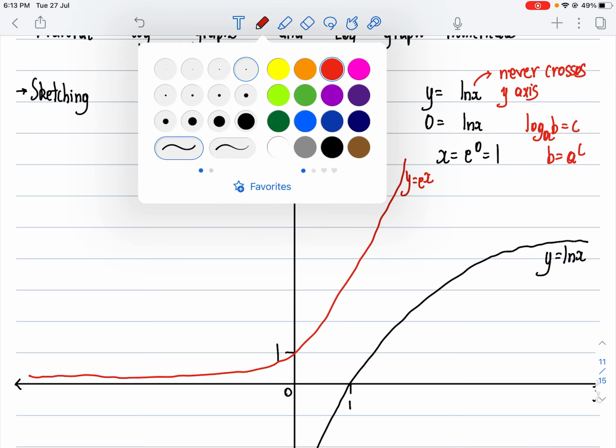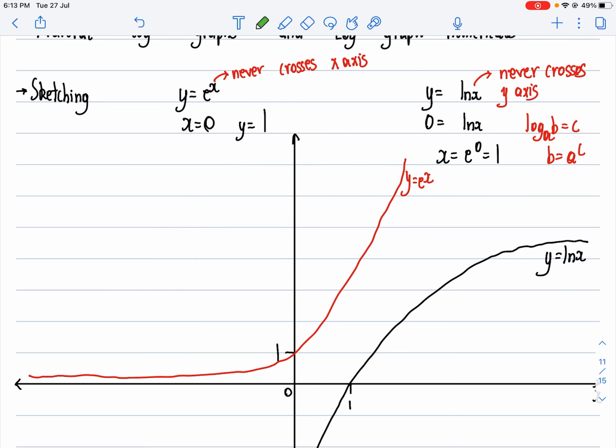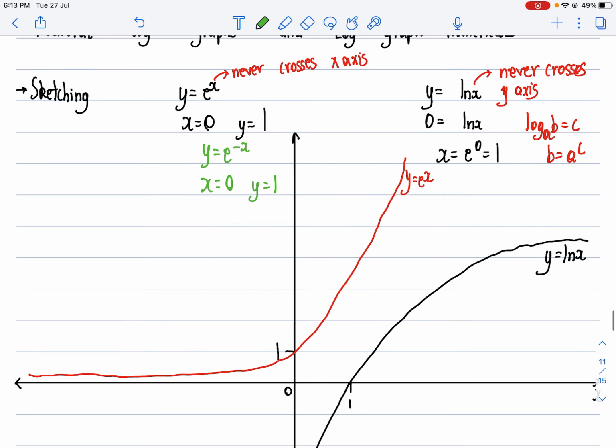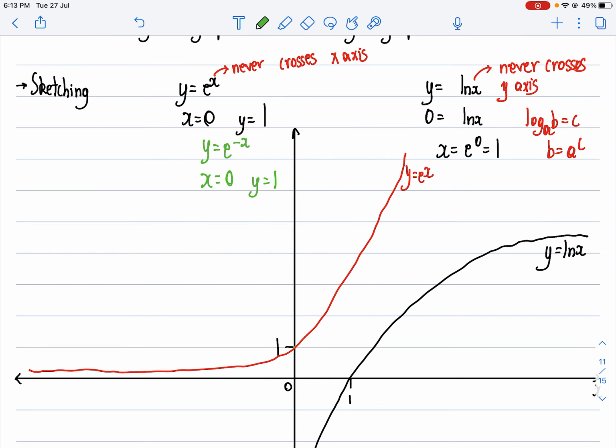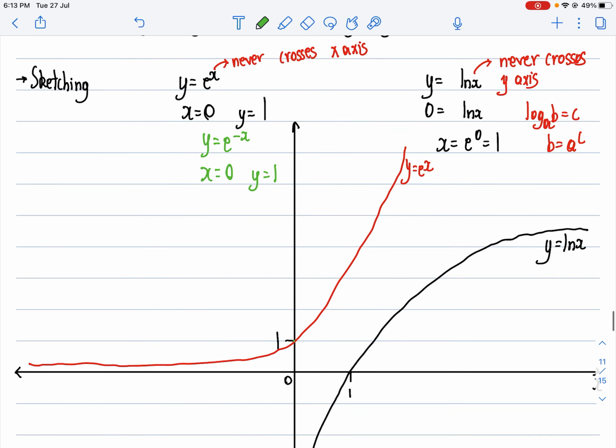Now the variation they can ask you is, let's say, y equals e raised to minus x. You need to do nothing. Here also your x is 0, so your y is 1, because e raised to minus 0 is basically 1. So I know it crosses the y-axis at 1.